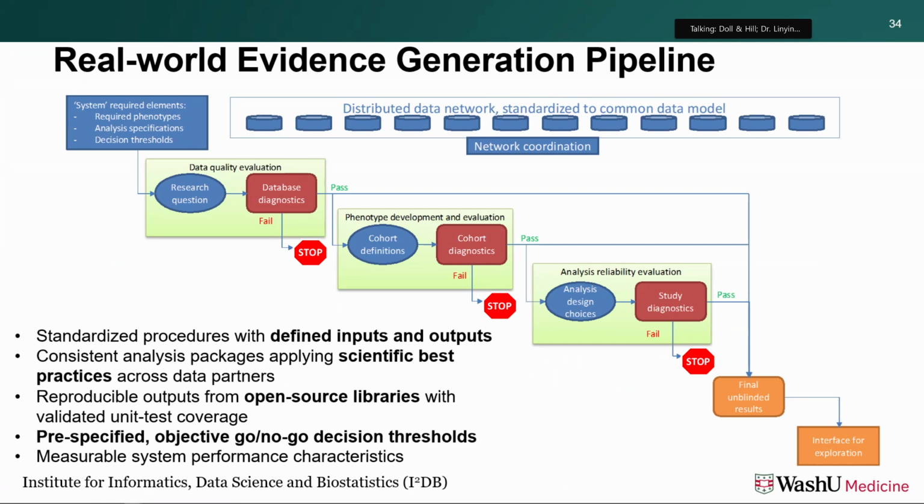Within one database, if the study passes all diagnostics, then the results will be applied to the study level and will be further used in meta-analysis to form a meta-analyzed treatment effect point estimate and confidence interval.